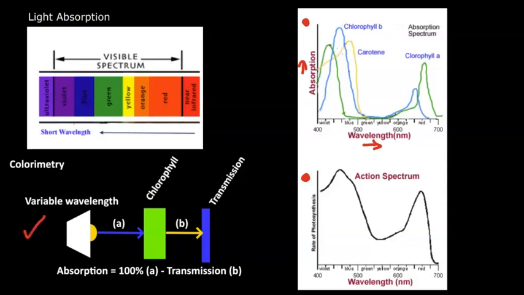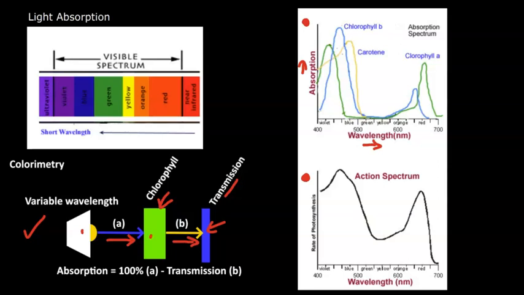Down here, we have the experimental setup. We have a lamp which is capable of variable wavelength. We can select the wavelength that we wish to transmit, and this will be passed through a sample of chlorophyll, shown here, and the light which is able to pass through the chlorophyll will be detected by this surface here, and we would call that transmission.